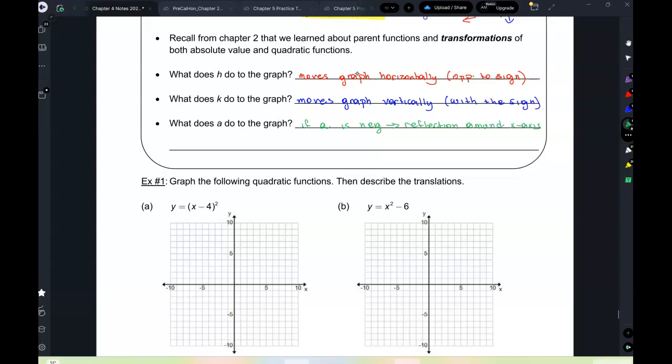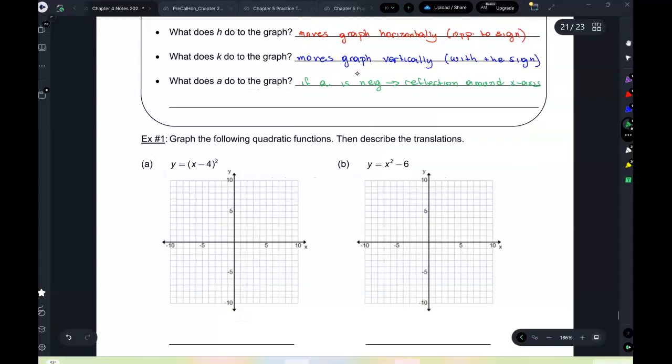But also, the value of a controls how wide or narrow the graph is, right? And we call that either a stretch or a compression. So if a is greater than 1, it's a vertical stretch, and the graph becomes narrower. But we don't say narrower, we say vertical stretch. If a is between 0 and 1, it's a vertical compression.